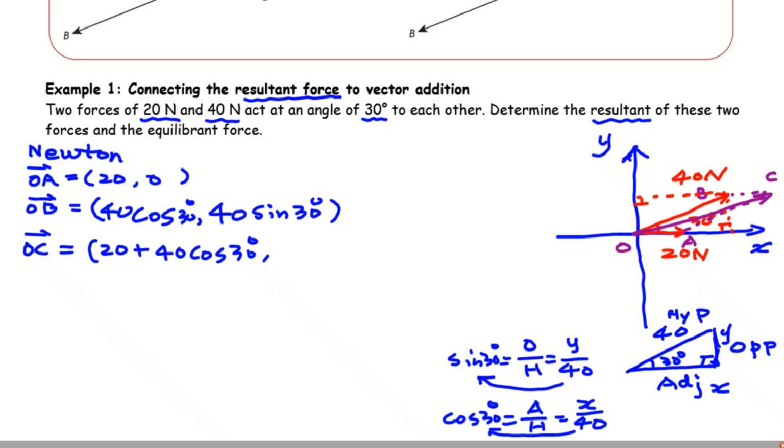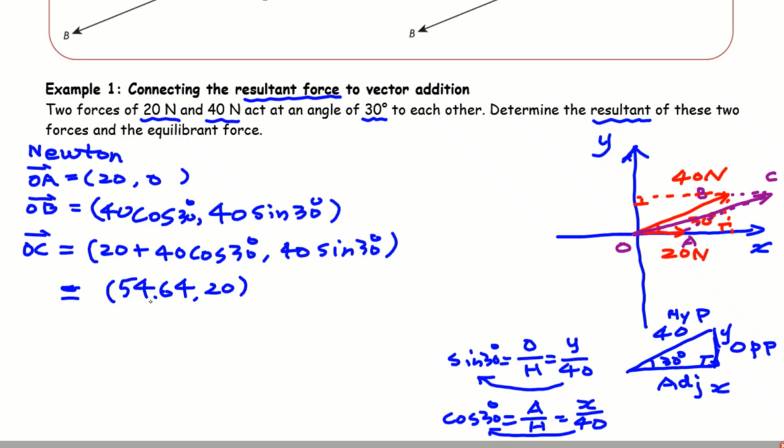Then the y direction is 0 plus 40 sine 30 degrees. Then get our calculator out. We figure out it's around 54.64. Then the y direction is just 20.